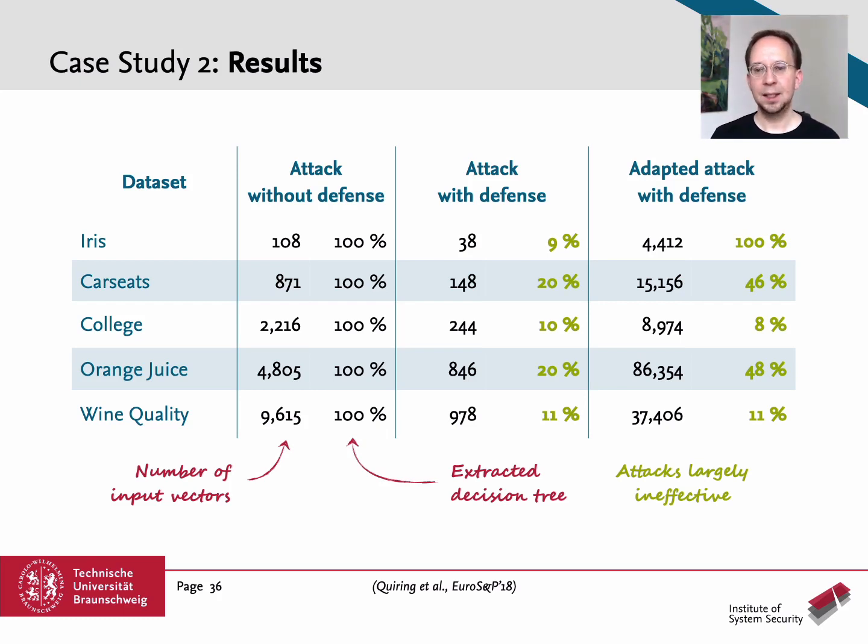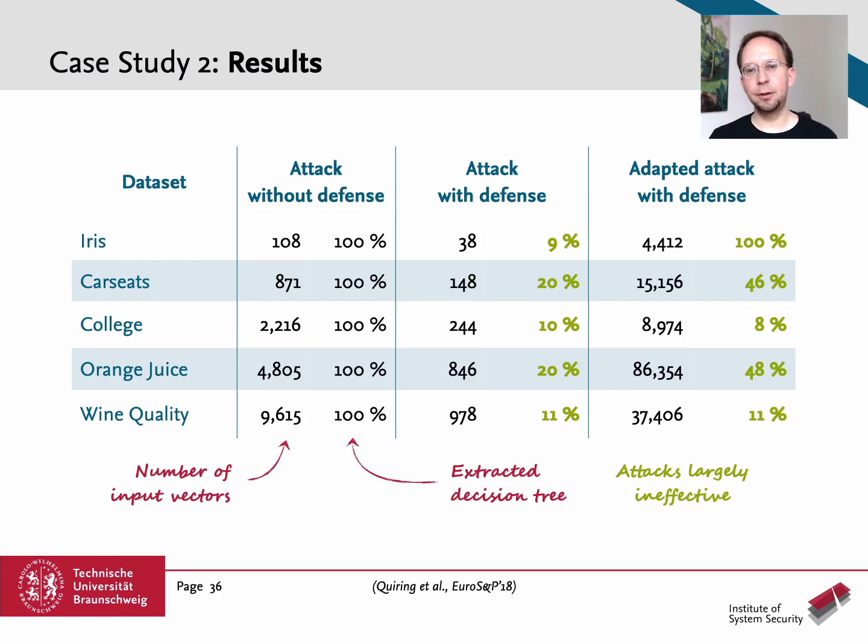Now, what happens if the attacker adds cover queries to the inputs? If he's using only every 40th input as an attack and everything is covered, then the attack is possible. So for example, in the first case, now the attacker can get 100% of the model.